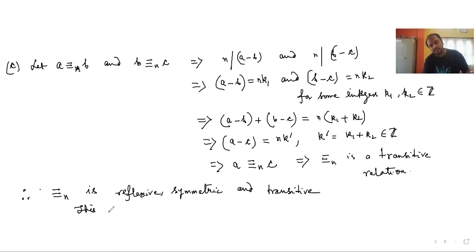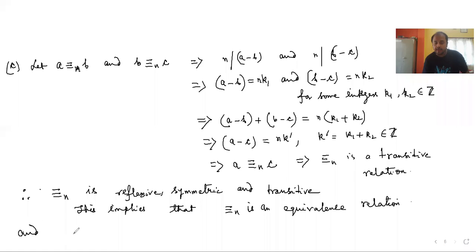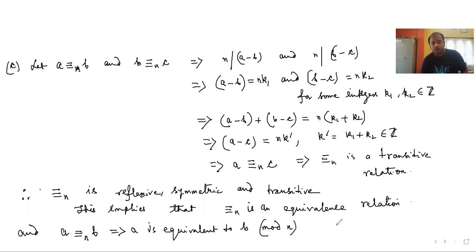This implies that it is an equivalence relation, and if it is so, we write a is equivalent to b mod n, or b is equivalent to a mod n, whatever.